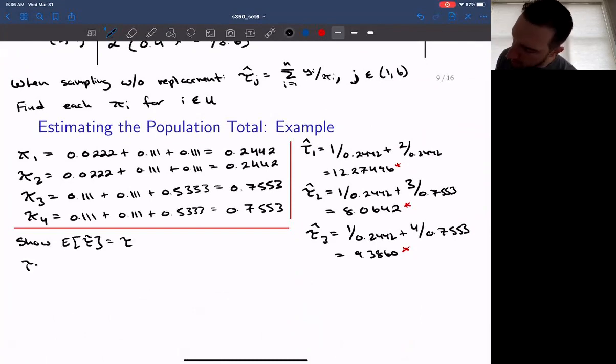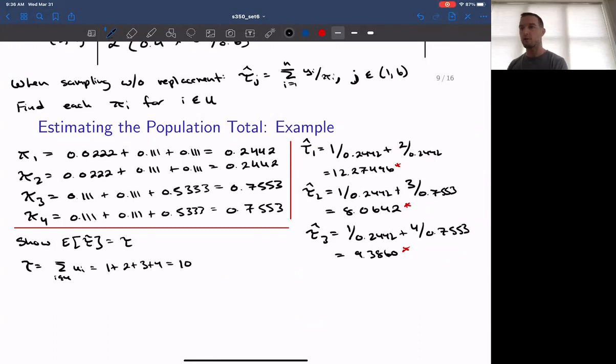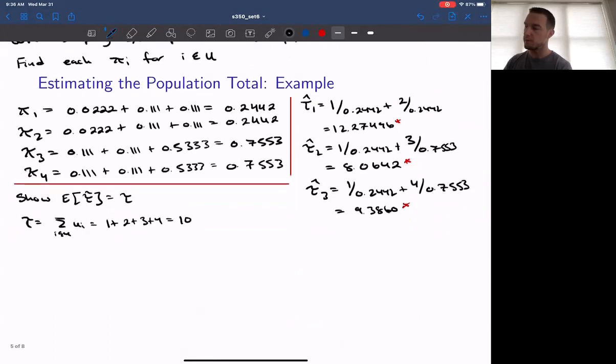Okay, so tau is going to be the sum across i in U of each u_i. So that's going to be 1 plus 2 plus 3 plus 4, which is 10. Right, so that's just the total of all the population elements.